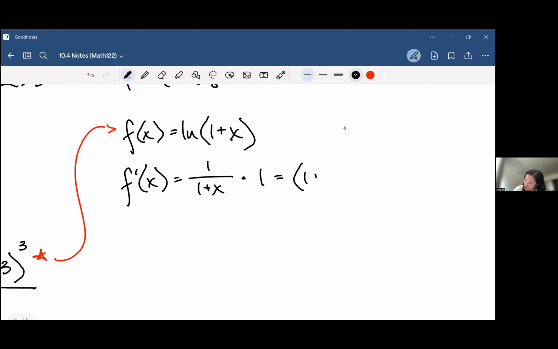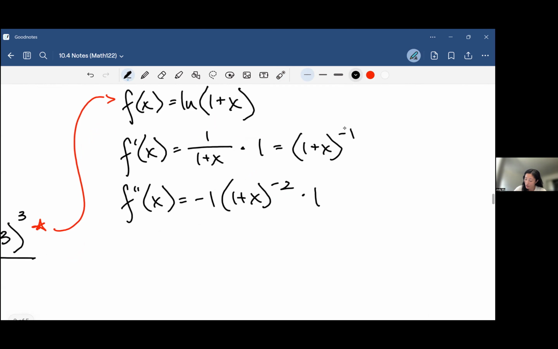But it might be nicer if we write it as 1 plus x to the negative 1, because that way I can prepare myself to use the power rule for my further derivatives. So my second derivative is going to be negative 1 plus x to the negative 2 times 1, again for my chain rule. And my third derivative is going to be negative 1 times negative 2, 1 plus x to the negative 3 times 1.